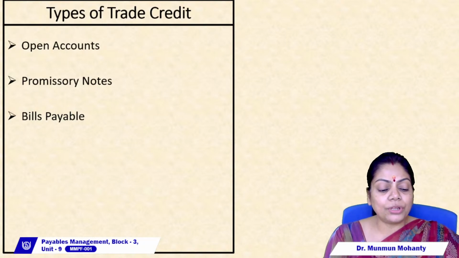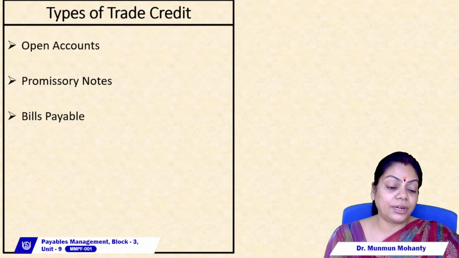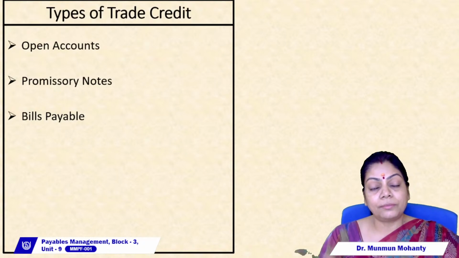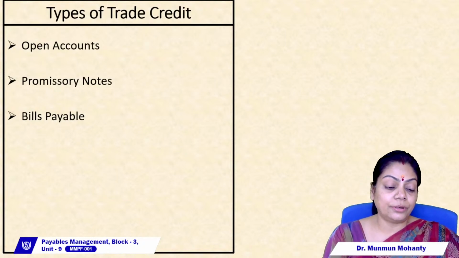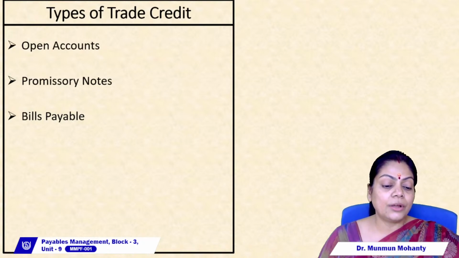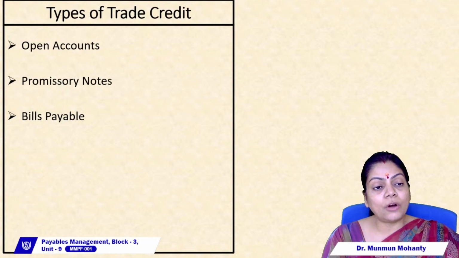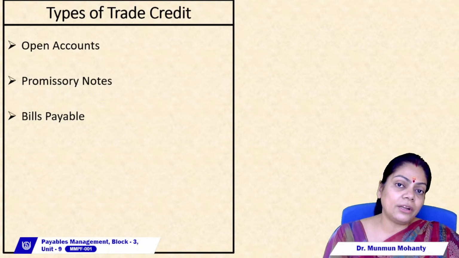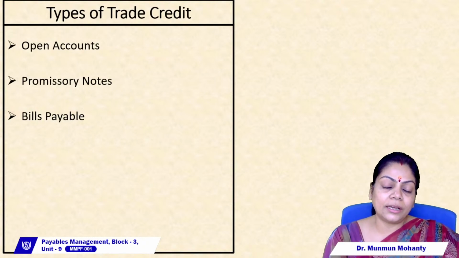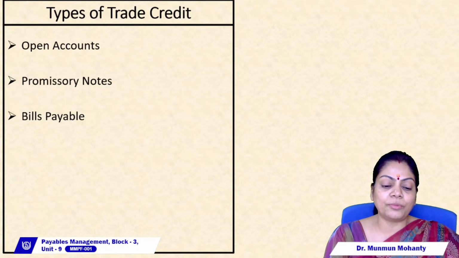Now, when we talk about the types of trade credit, there could be three kinds of trade credit. One is an open account. In an open account, there is an informal agreement between the supplier and the buyer. You don't enter into a documentation process, like creating a document or anything of that sort.